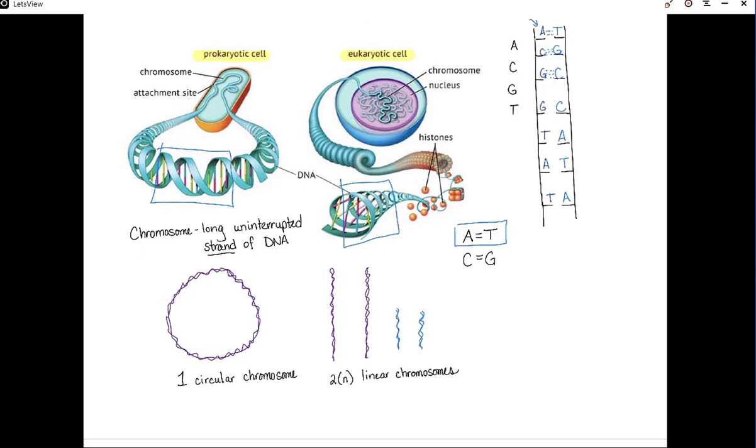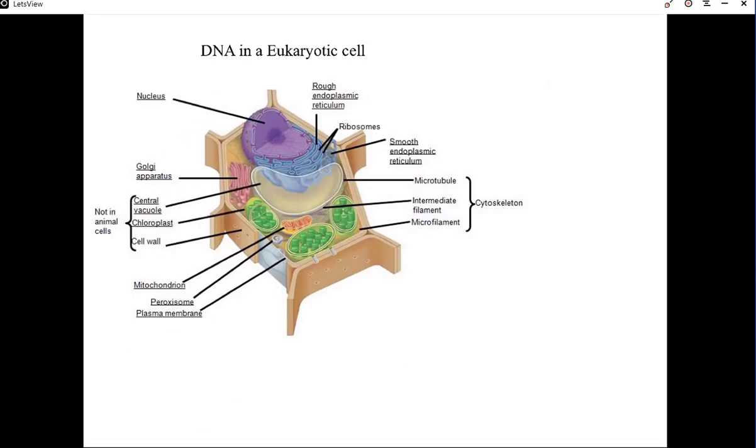It turns out that whereas the vast majority of DNA in a eukaryotic cell does exist in the nucleus, there is also DNA in a couple of the organelles, most specifically the mitochondria, and if you're a photosynthetic organism, also the chloroplasts.